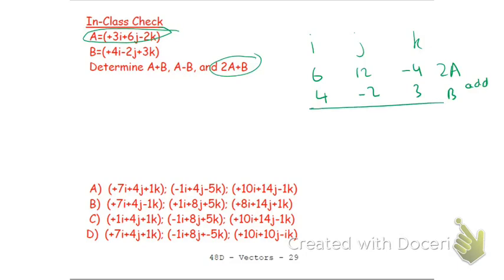Add them up. 10i plus 10j minus 4k. Hopefully, I got a unit somewhere. I haven't. Meters. Minus 1. Yeah, sorry, minus 1.